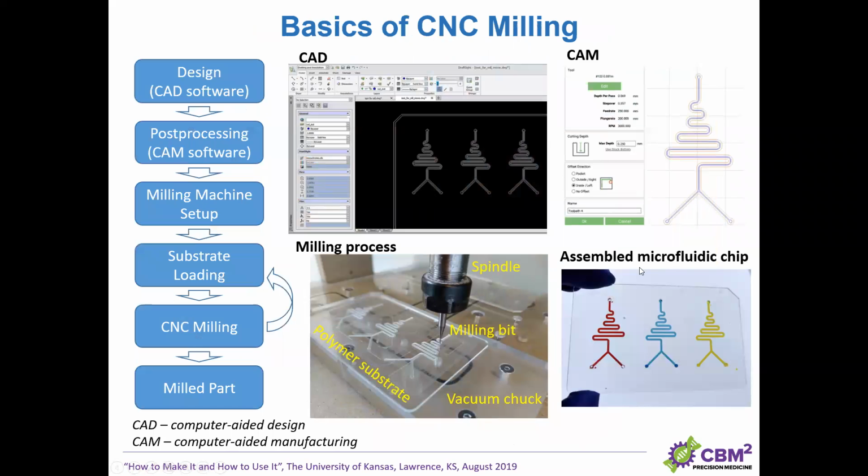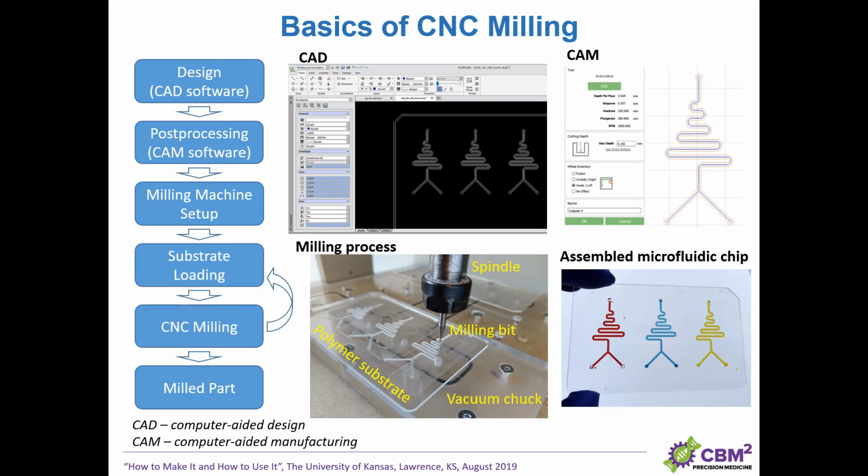Okay, how do we go about making a device when we have the idea? As I said, you could use this whole flow chart for pretty much any type of direct write tool-based technique. You're just changing the machine that makes your structures, right?